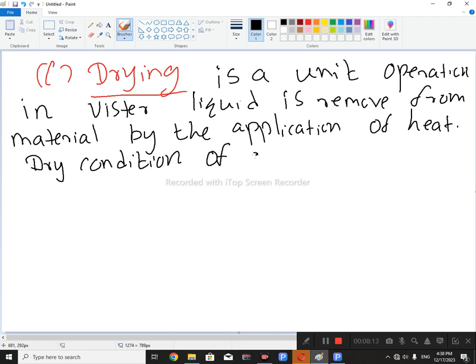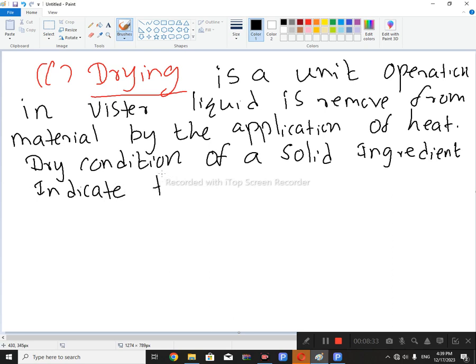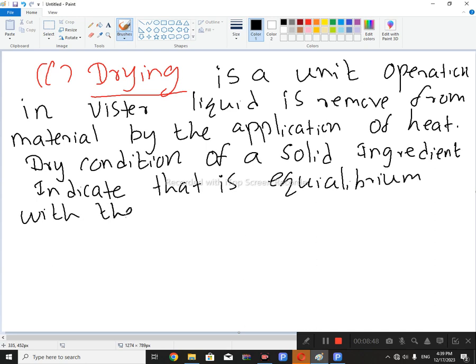Drying brings the dry condition of a solid ingredient, indicating that it is in equilibrium with the atmosphere with which it is in contact.